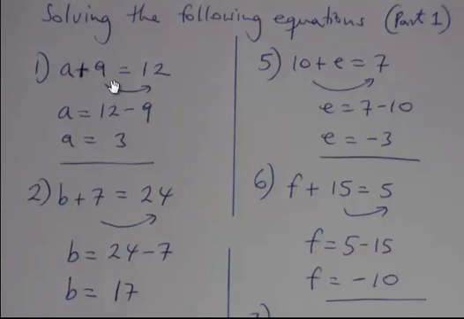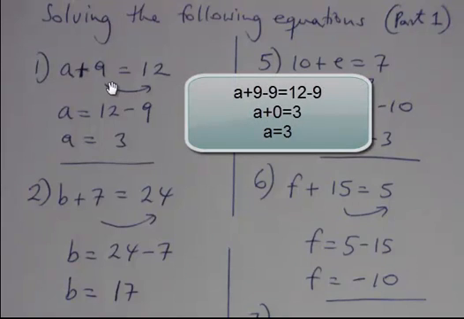Whatever you do on one side, you do to the other side. So it's going to be A plus 9 minus 9 is equals to 12 minus 9. I'm going to get rid of the 9, so I subtract 9 on both sides. A plus 9 minus 9 is 0, so A is equals to 12 minus 9, which is 3. You see that?